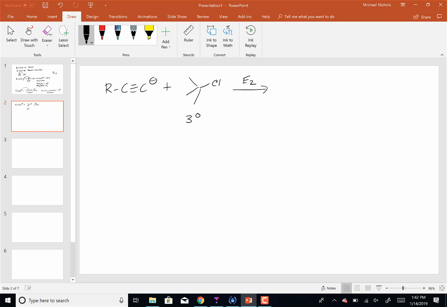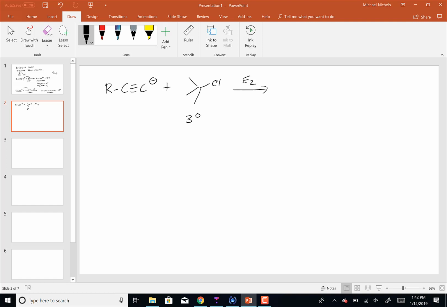Okay, so that's the case here. We know tertiary halides cannot undergo SN2, right? Because they're too sterically hindered to do SN2. So this alkynyl anion comes up, tries to do SN2, the tertiary halide says, sorry, don't do that. And then the base comes back in and rips the beta hydrogen off because it's got to do something.